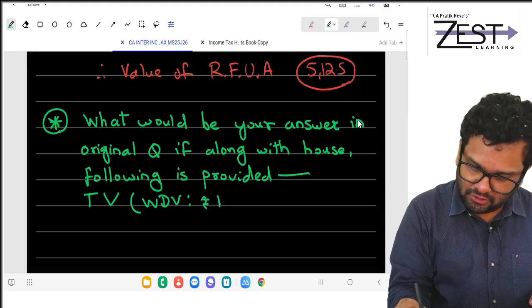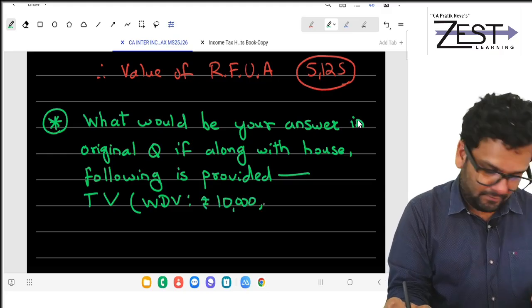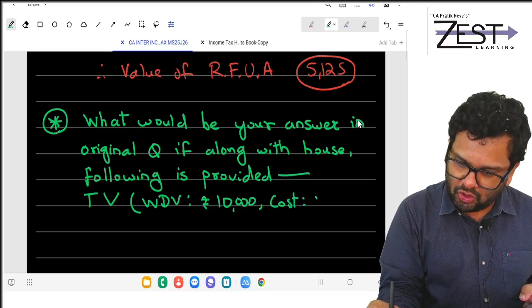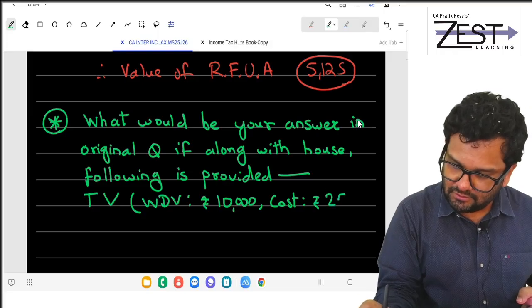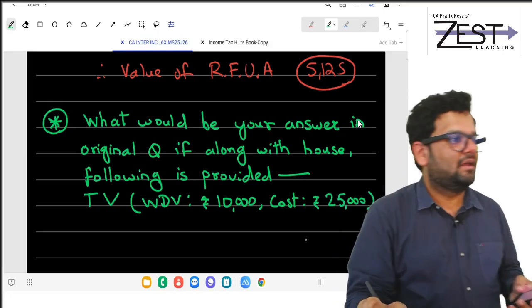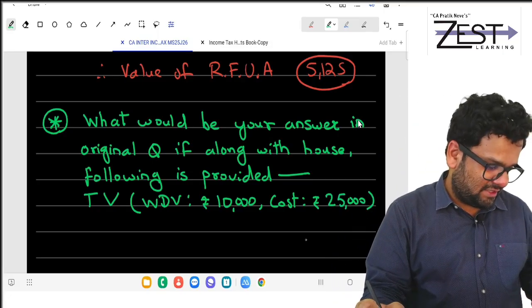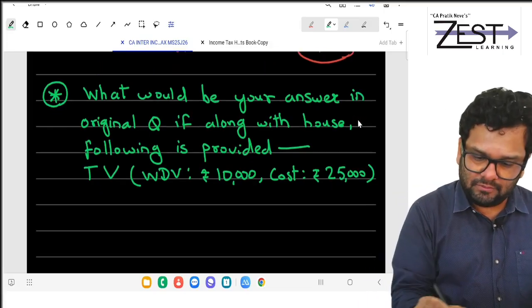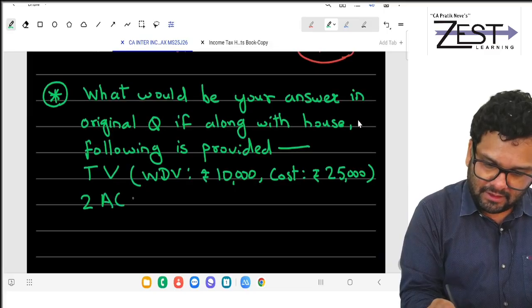You are interested in what? Cost. You are interested in cost. Cost is 25,000. After the television, what else has been given? Two ACs, two air conditioners.